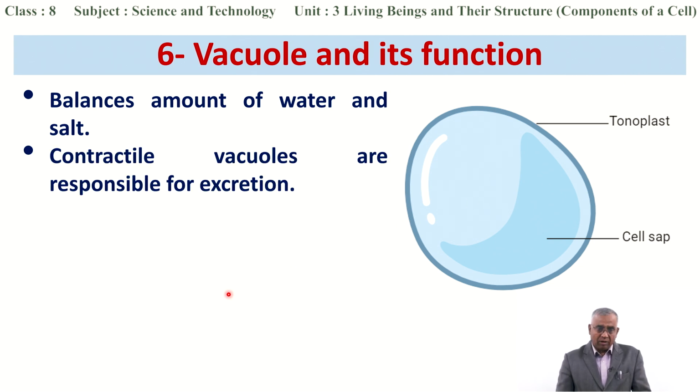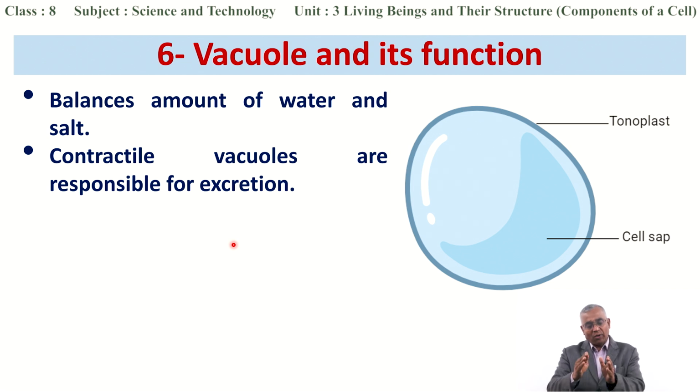And contractile vacuoles are responsible for excretion. If you remember the structure of amoeba, paramecium, euglena, in them contractile vacuoles are found which appear to form from the central region, and they grow and move towards the marginal region, and later they burst out.